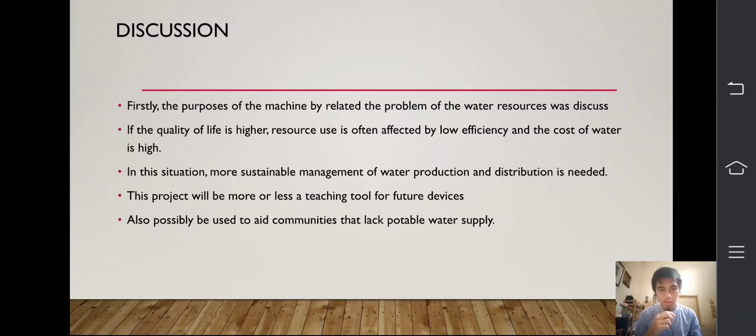In this situation, more sustainable management of water production and distribution is needed. This project will be more or less a teaching tool for future devices. It will possibly be used to aid communities that lack potable water supply.